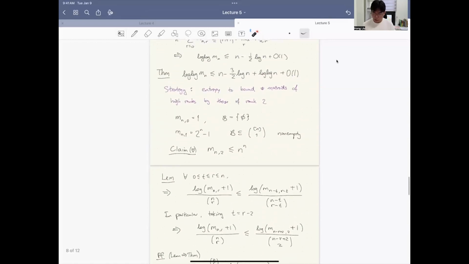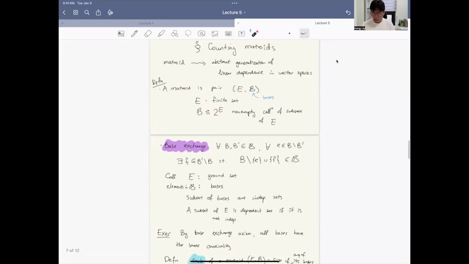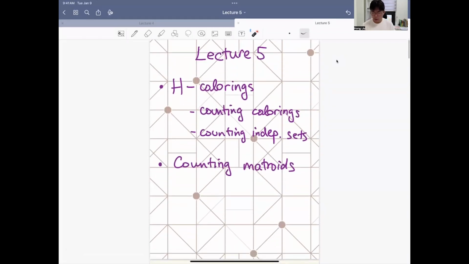So very quickly, today what we did is counting H-colorings and independent sets, and counting matroids. To count matroids, we use Schur's lemma to bound higher rank matroids by rank 2 matroids. How to bound rank 2 matroids, I haven't proved it yet, next time.